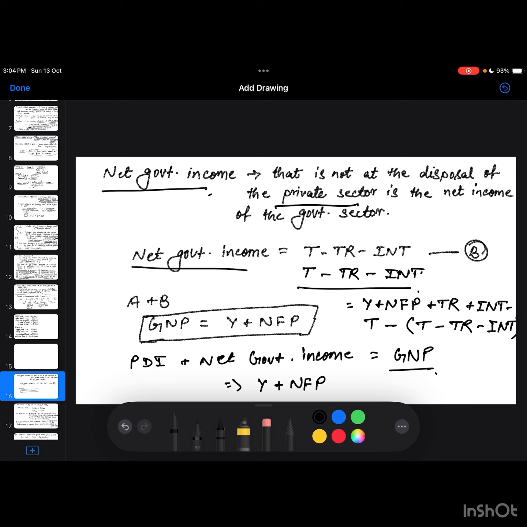So here this will cancel out and Y plus NFP, that is GDP plus net factor payment, will be left. It will be GNP.